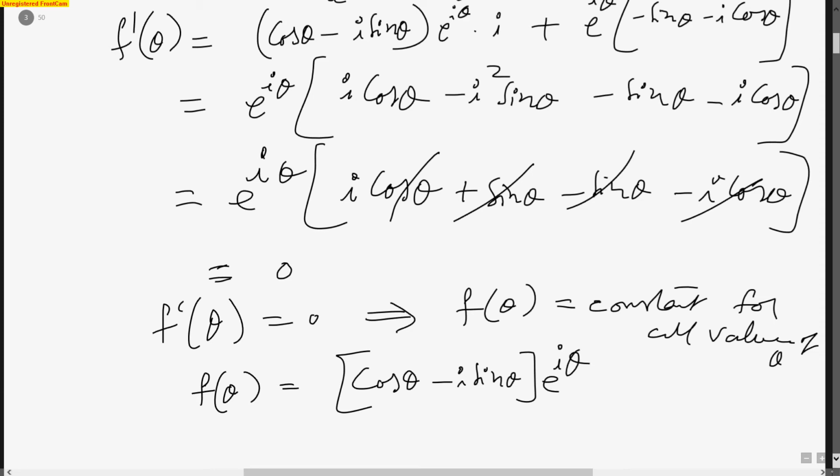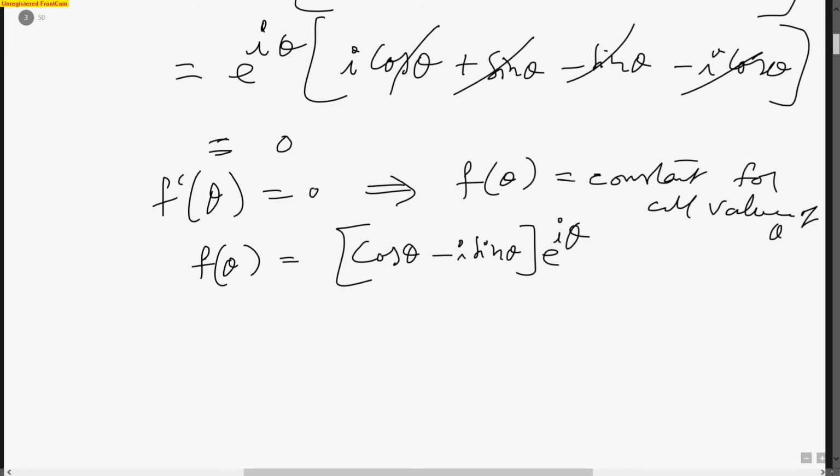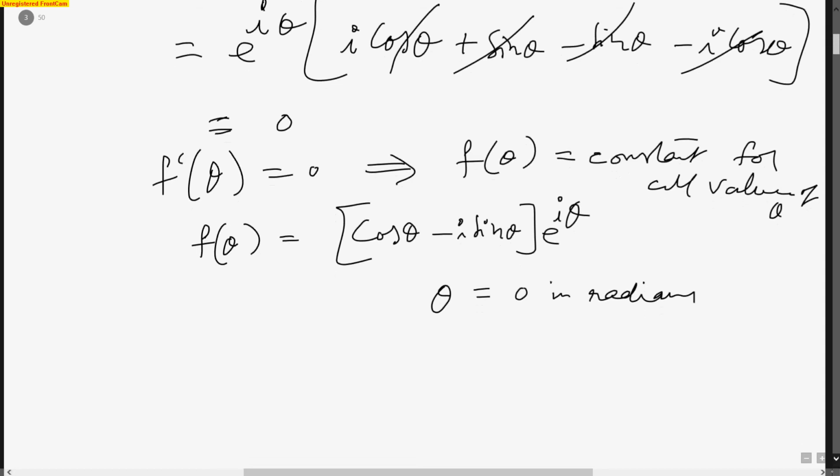This is the actual function we are considering, so it must be equal to some constant for all values of theta. For example, let us take theta is equal to 0 radians.